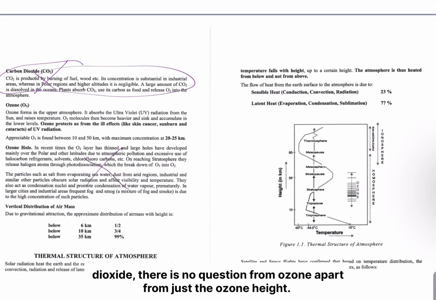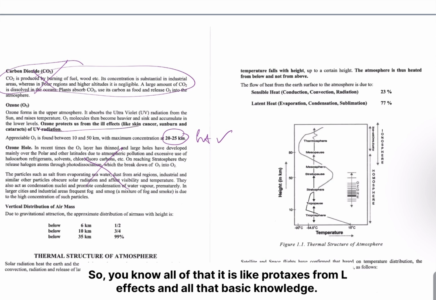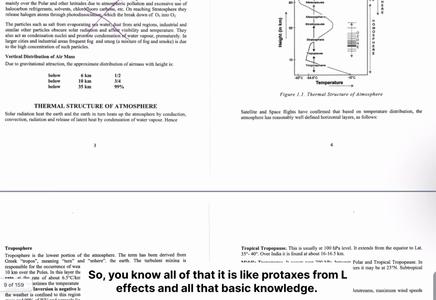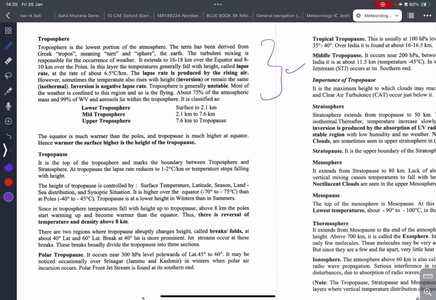There's no question from ozone apart from just the ozone height. But yes, this is very basic, so you all know all of that. It protects us from ill effects and all that basic knowledge. Very important.